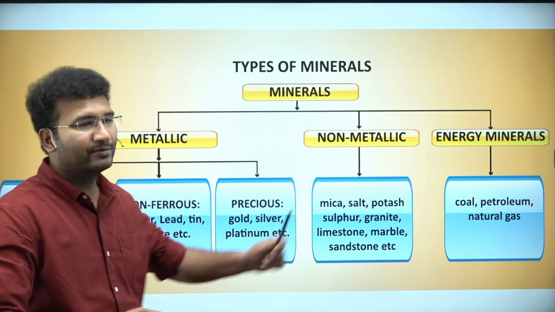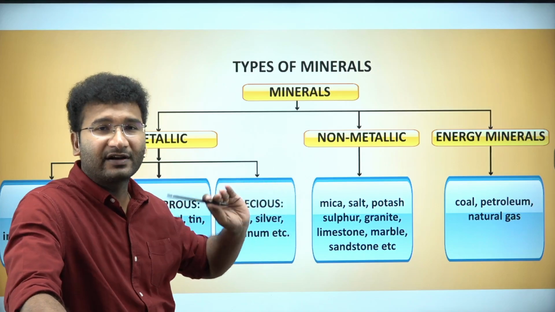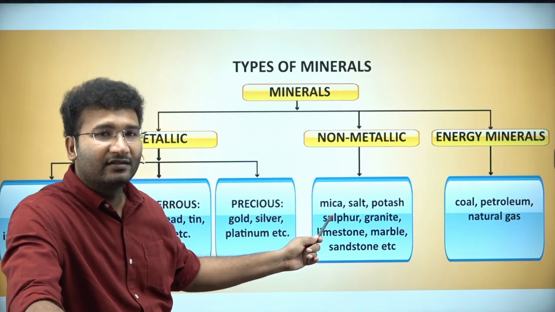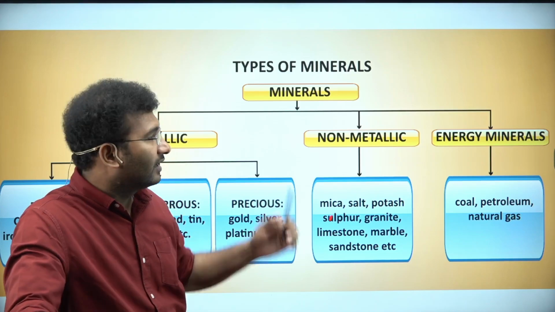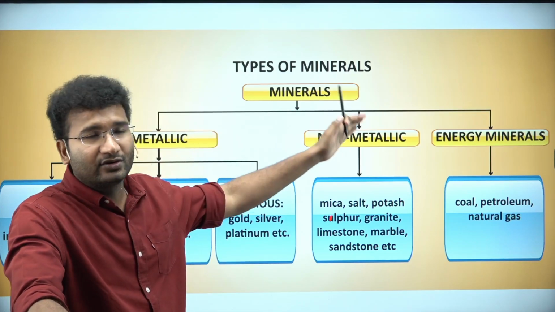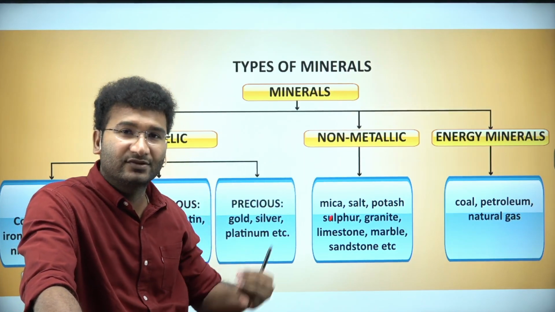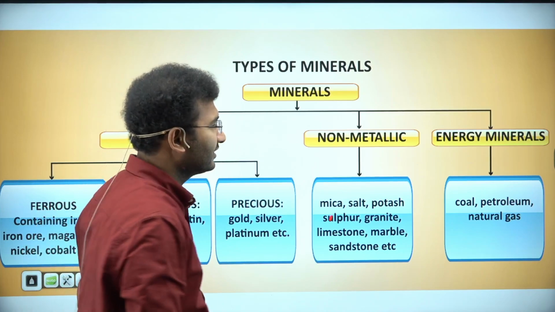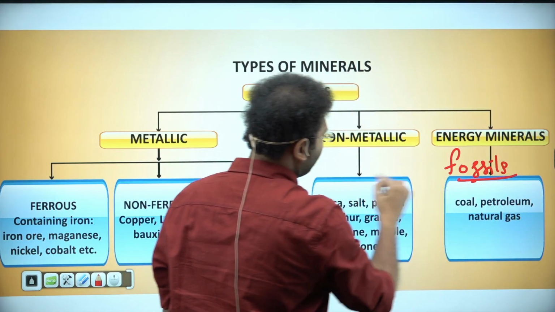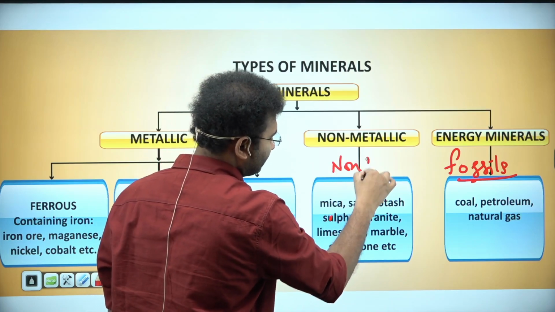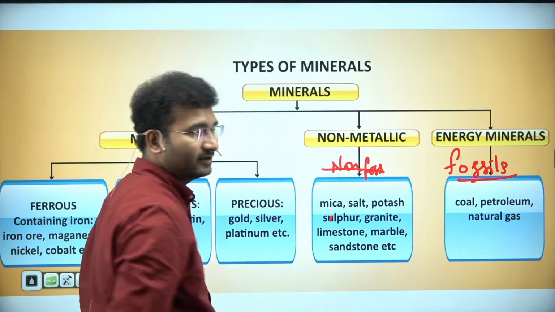Now come to non-metallic. Non-metallic can be further divided into naturally occurring non-metallic substances, as well as those materials which are present underground as fossils and non-fossils. Can I say these are fossils, non-fossils to an extent, right?